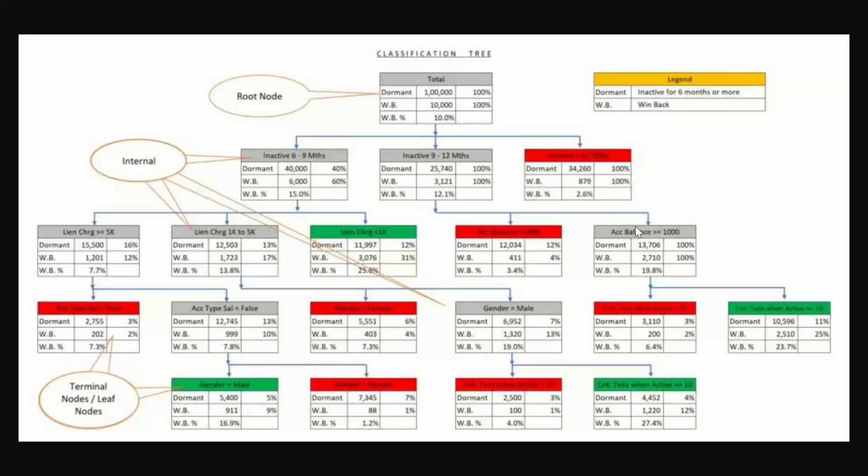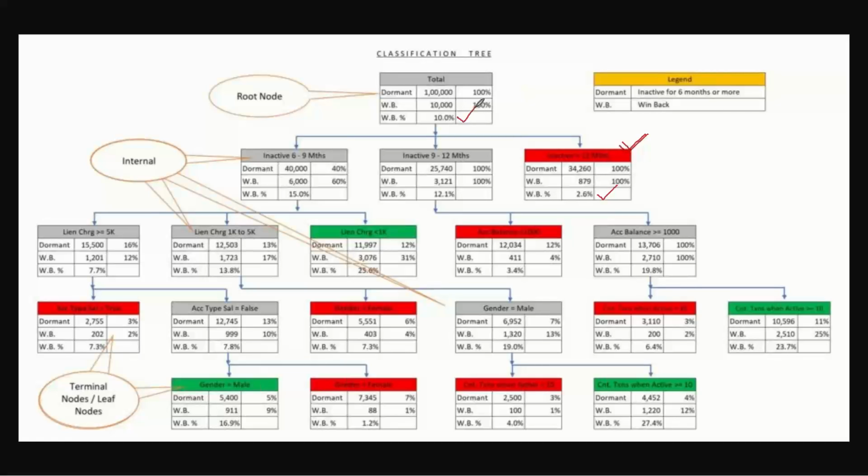And now how are the rules? The rules are something like this. Now if you just focus on this particular node, what is this rule saying? If a customer is inactive for more than 12 months, the chance of win back is only 2.6%. Overall average was 10.6.